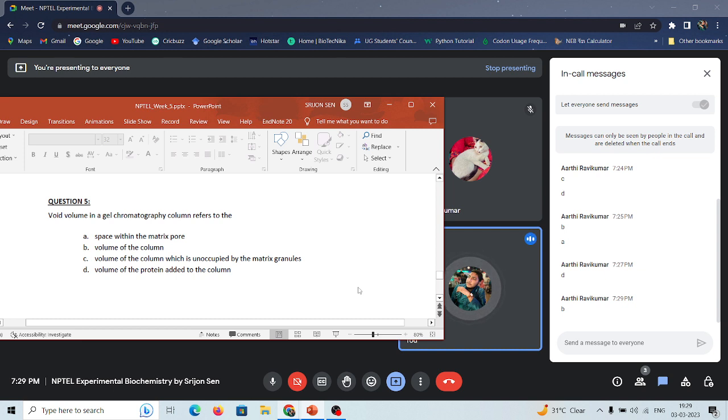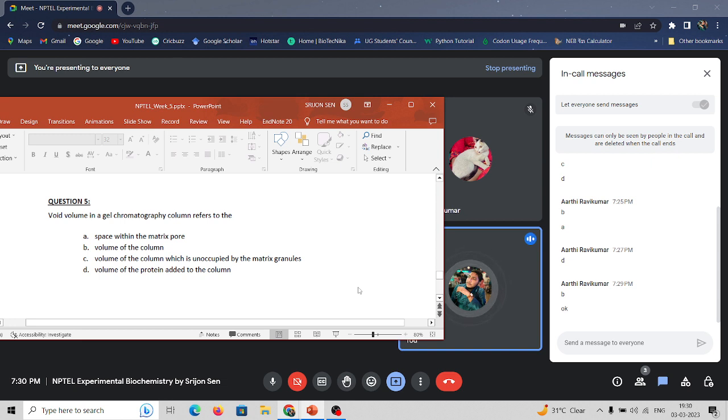Void volume is the space outside the matrix granules. As I was speaking, void volume is when you have very high molecular weight proteins that pass out without having any affinity for the pores, or do not enter the pores at all.